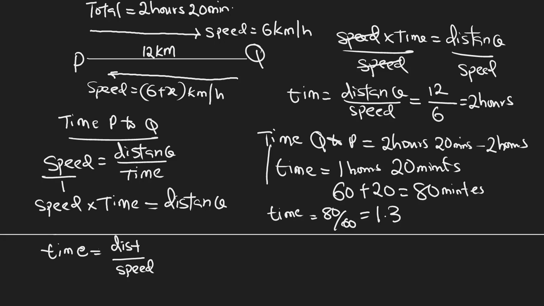Our time is 1.3, right? So we have 1.3 is equal to what is our distance? Our distance from Q back to P is still 12, because they have the same distance, 12 kilometers. So we have 12 kilometers over what is our speed? Our speed has been given as 6 plus x. So we say 6 plus x, right?